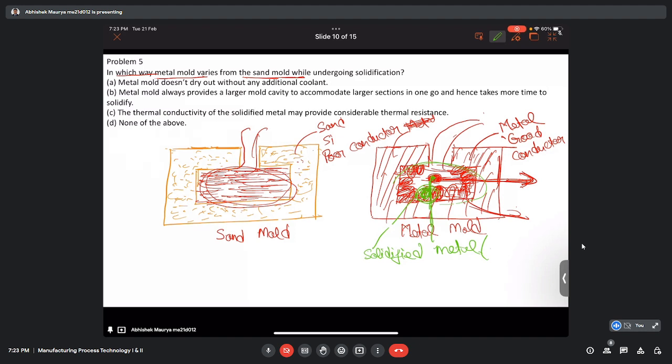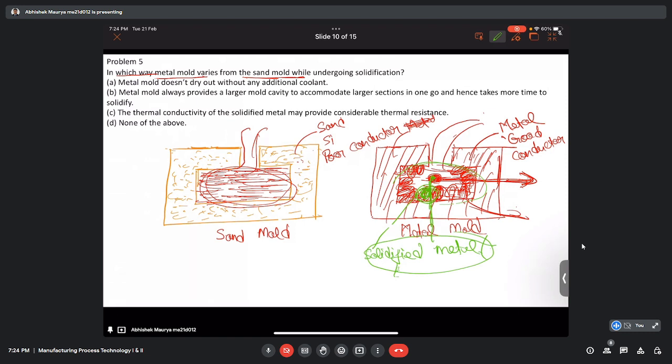We can say the effect of solidified metal is very dominant in the case of solidification in the metal mold, whereas its role is very negligible in the case of sand mold.